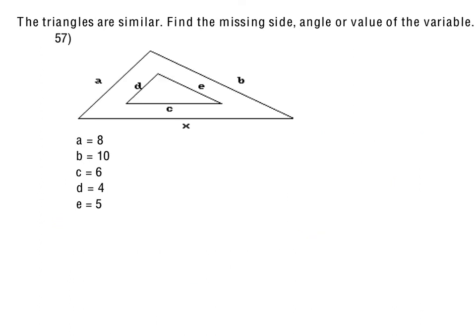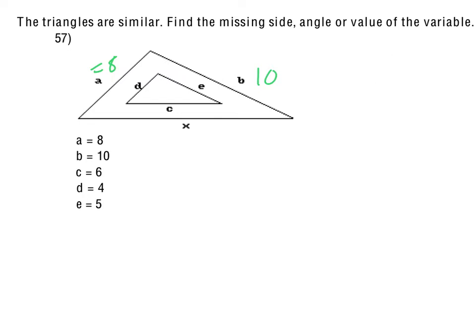All right, moving on to number 57. The triangle on the inside, ECD, is congruent to BXA, kind of weird lettering there. I do find it helpful to label each thing with its value. So we're trying to find x.